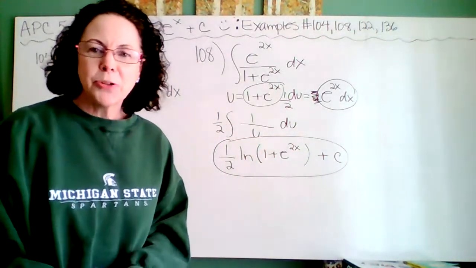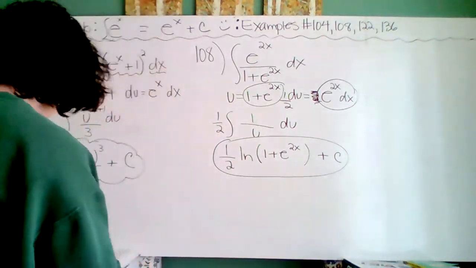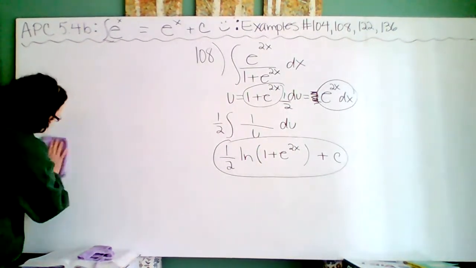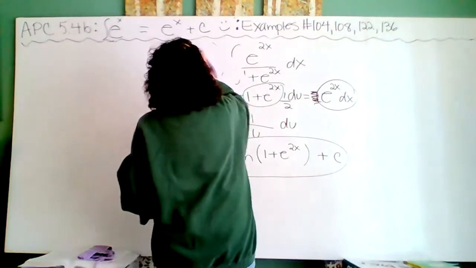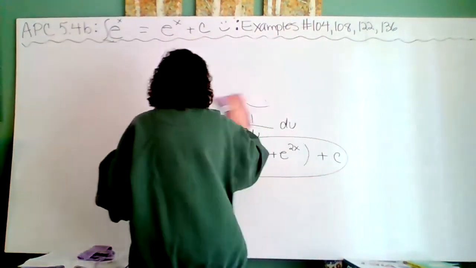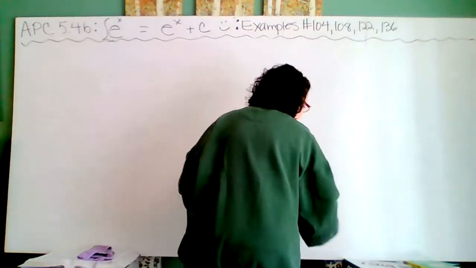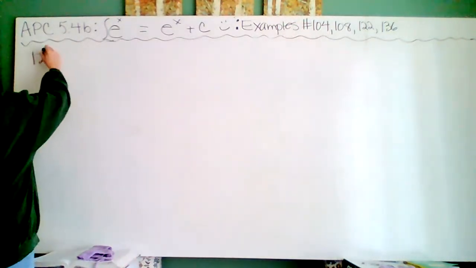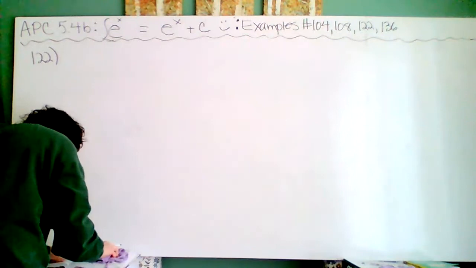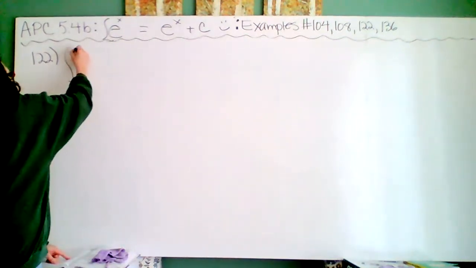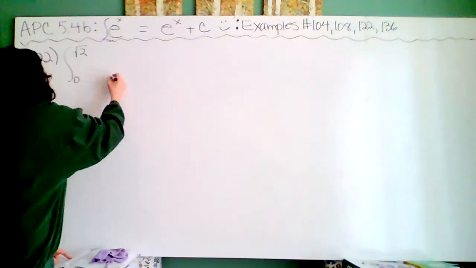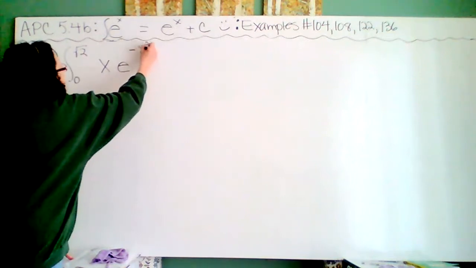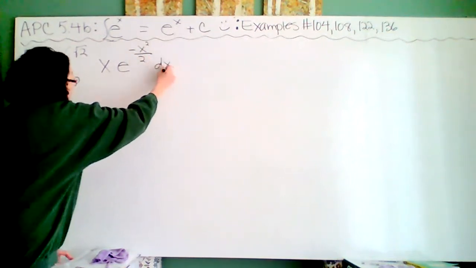All right, let's try 122 and 136. I'm going to do a little erasing. On 122, let's see, we're going to integrate from 0 to the square root of 2 of x e to the negative x squared over 2 dx.